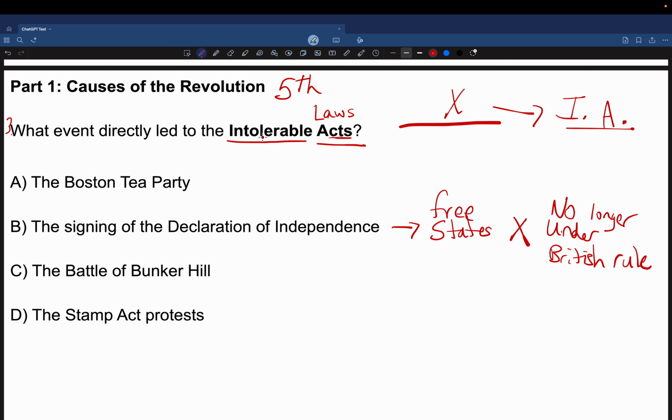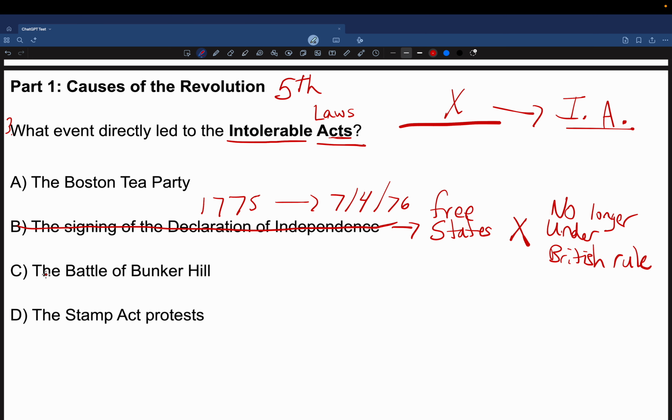So why would Parliament pass laws on free states that are independent? Also, what makes British Parliament think that the colonies would care? In fact, we know that the Battle of Bunker Hill was 1775 and that the fighting had already taken place by the time it hit July 4th, 1776. So I'm going to assume that this is the least likely of answers.